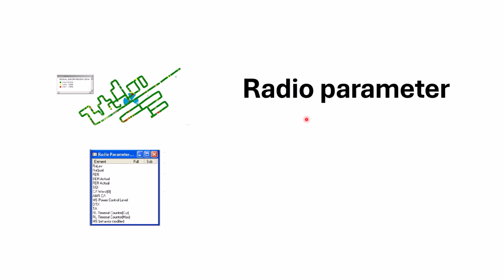RX 1, between 0.2 and 0.4, it's very good. RX 2, 0.4 to 0.8 is good. RX 3, 0.8 to 1.6 percentage is moderate.